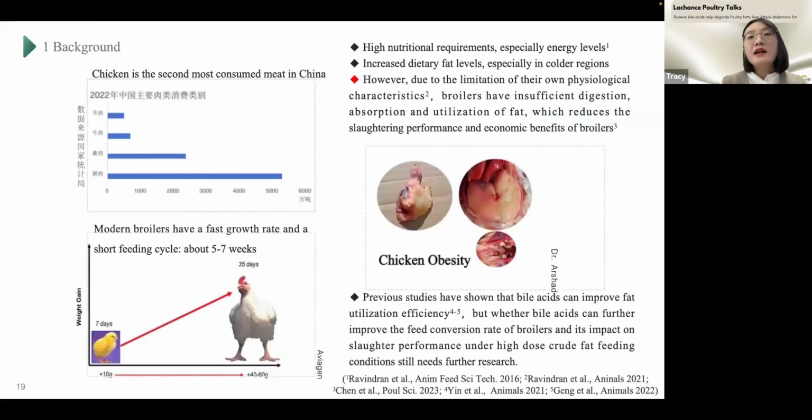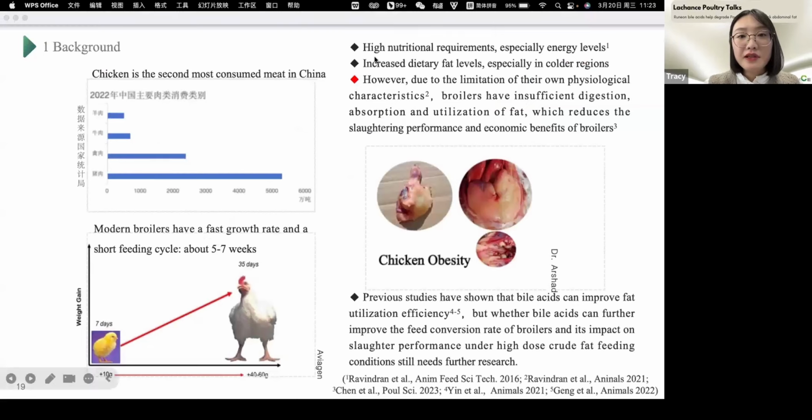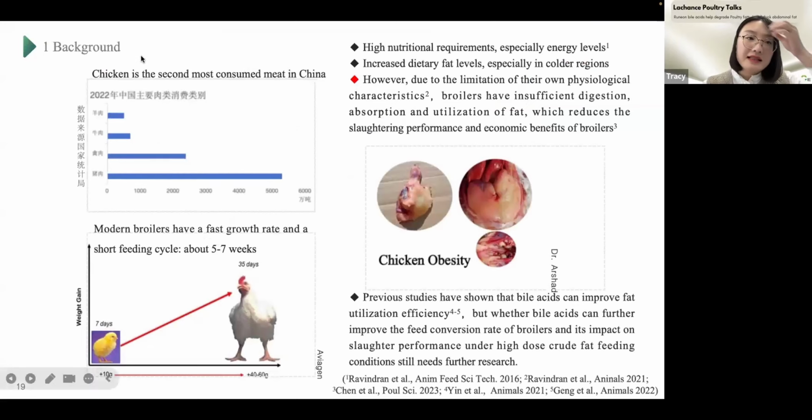Well, first of all, I would like to introduce the background of this scientific article. Modern broilers have a really fast growth rate and a short feeding cycle, about 5 to 7 weeks. I believe that all of us know of this. And also at present, they have really high nutritional requirements, especially energy levels.